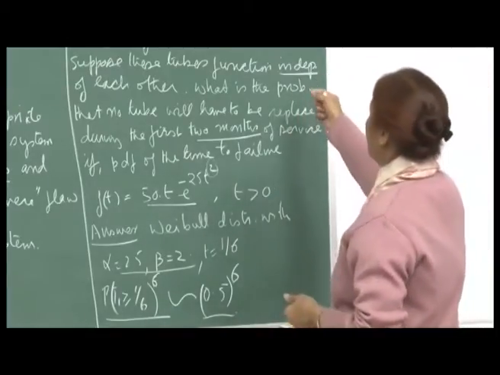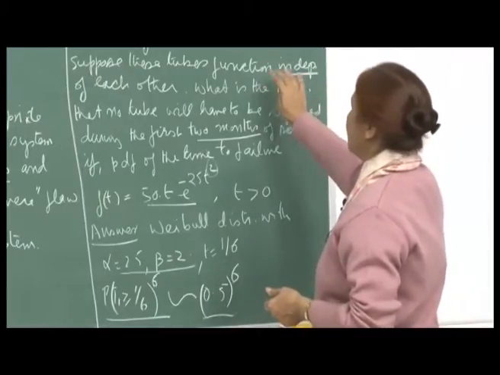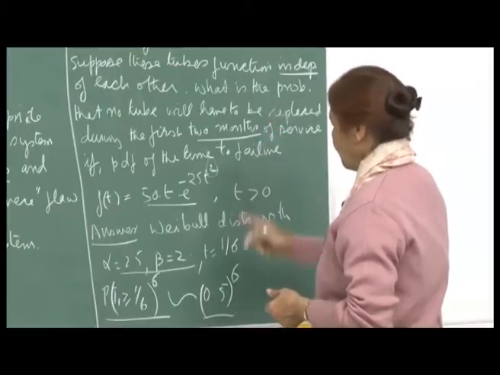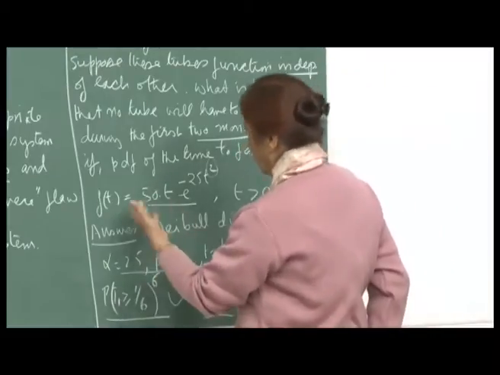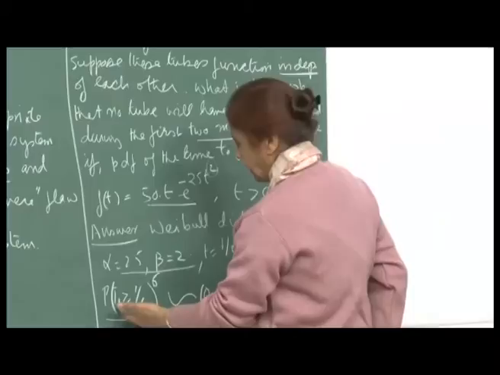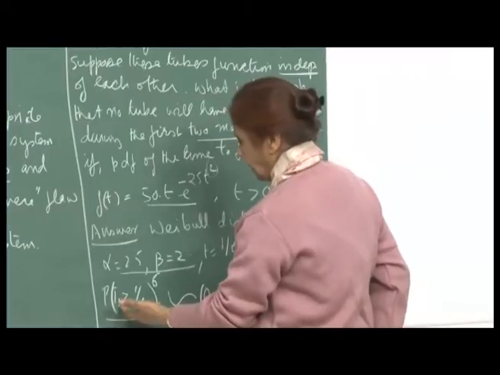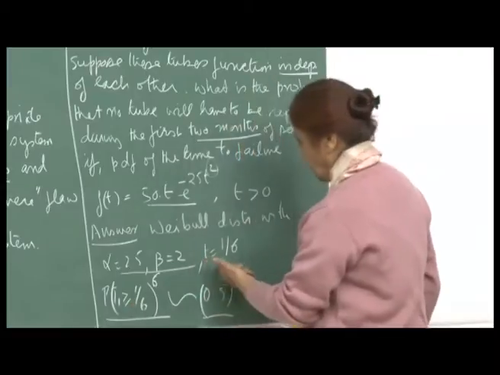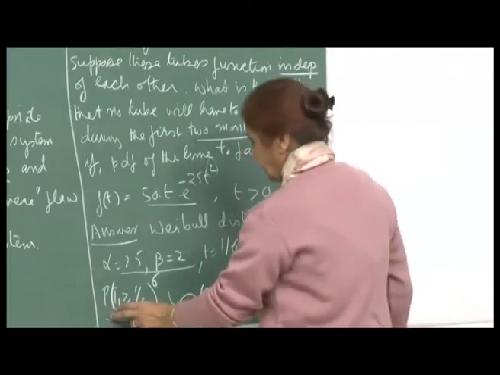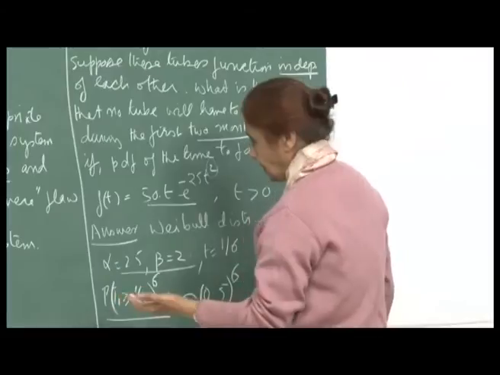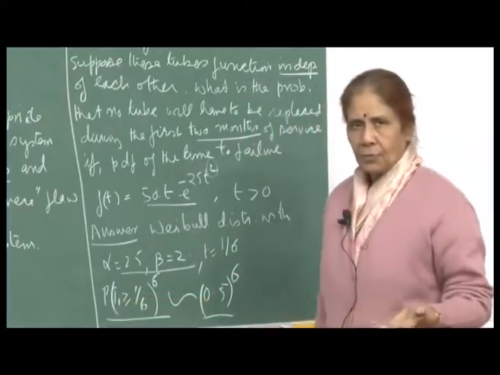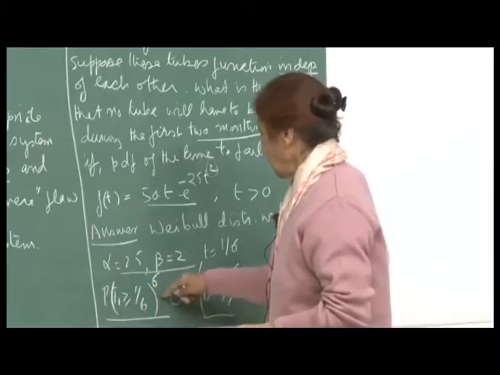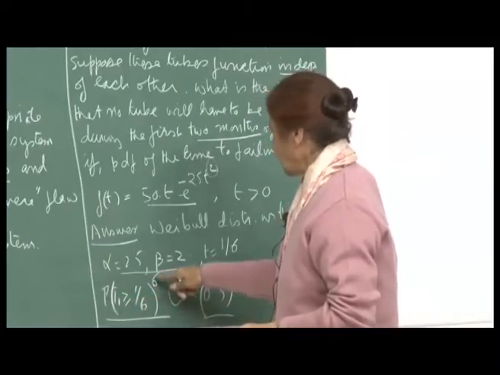There are 6 tubes working independently of each other, and we do not want any one of them to fail in the first 2 months. So, the probability of the first tube not failing in the first 2 months is probability T 1 greater than or equal to 1 by 6. Since all of them are independent, and we do not want any of them to fail, this would be probability T 1 greater than or equal to 1 by 6, raised to 6.